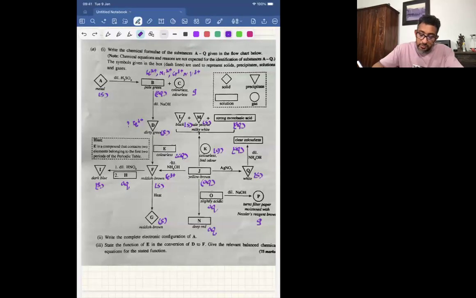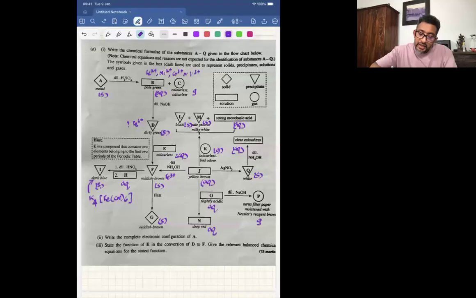Dark blue, I feel like it is potassium ferrocyanide, K4Fe(CN)6. Dark blue color. I'm not sure. Right? It's a reddish brown color, and then it gives you a solid on heating. Reddish brown color, it gives you a solid Fe3+, so it should be Fe3+ something.